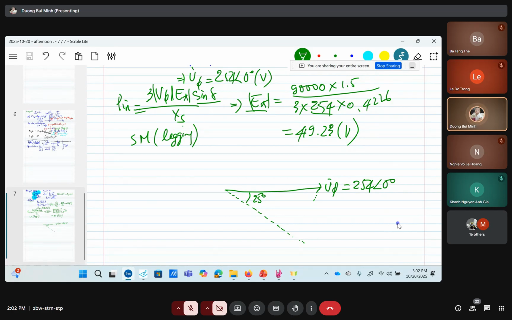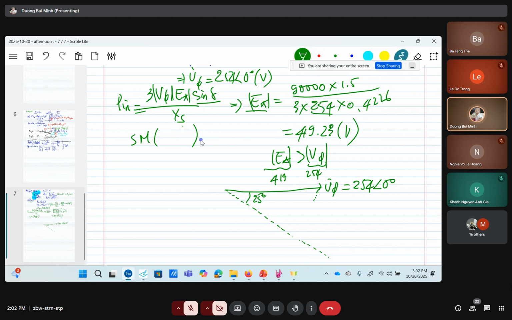Here, you know the magnitude of EA is larger than V phase, because this one is 419 and this one is 254. So that means this one should be leading, not lagging. Yes, this is leading.